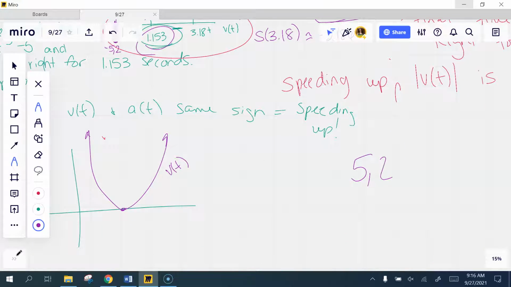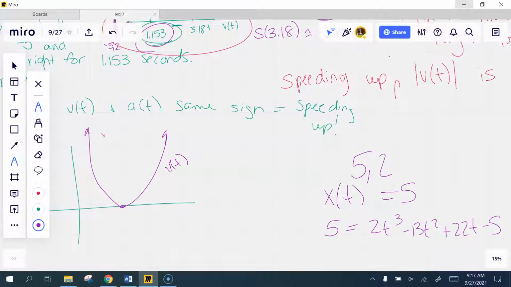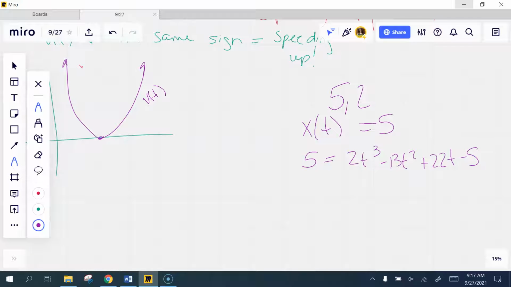So the real question is, when is the position, which we said was x of t, at 5? This is a calculator problem, so I would say 5 equals 2t cubed minus 13t squared plus 22t minus 5.